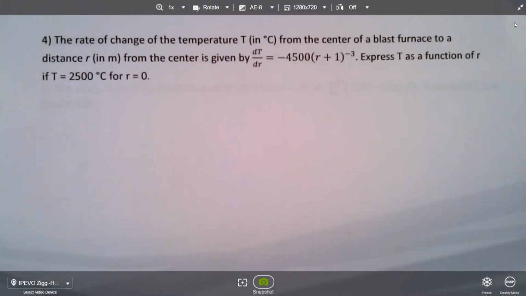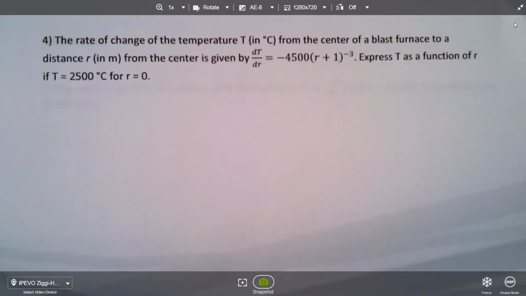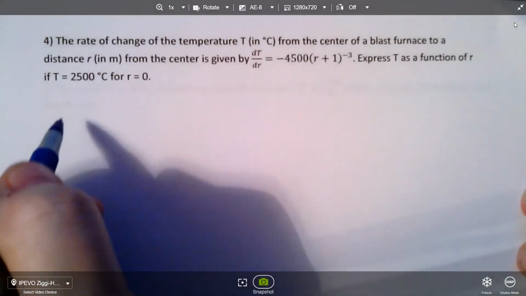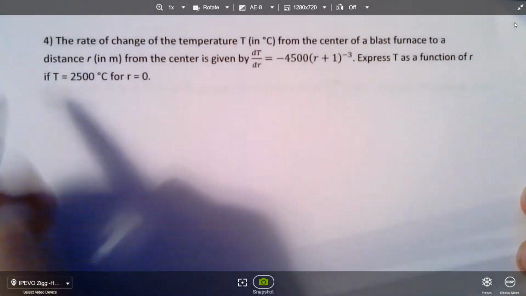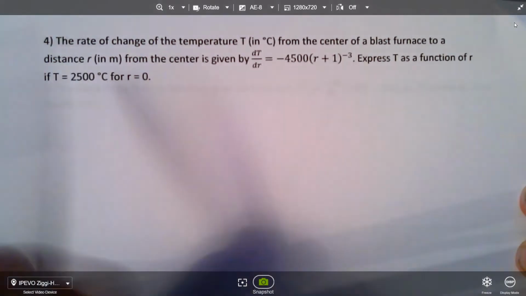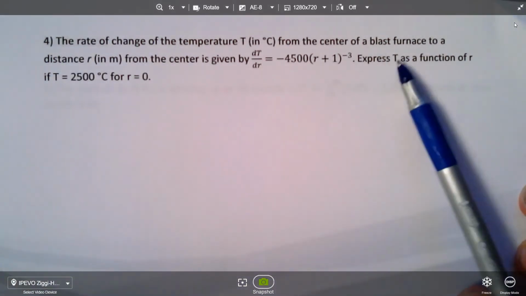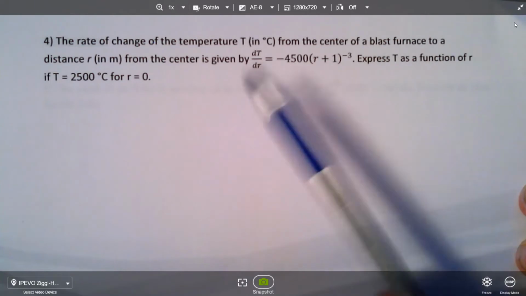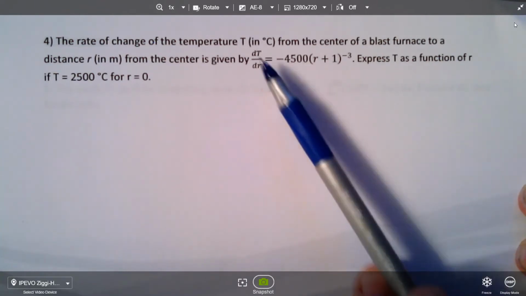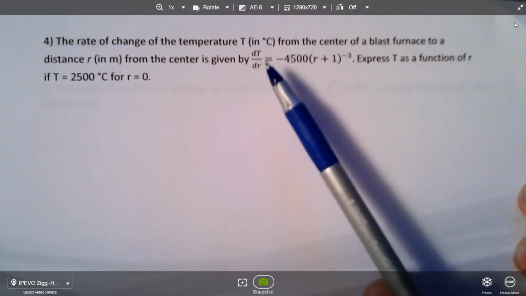We got one more example for initial value. So here we go. Same thing, I'm just going to get the integral really quick. So we are looking for an expression for t. Well, they didn't give me an expression for t, they gave me dt, and I know that means the derivative.